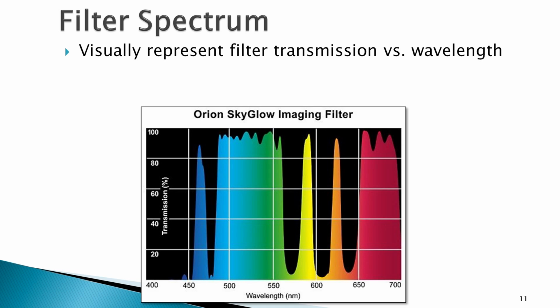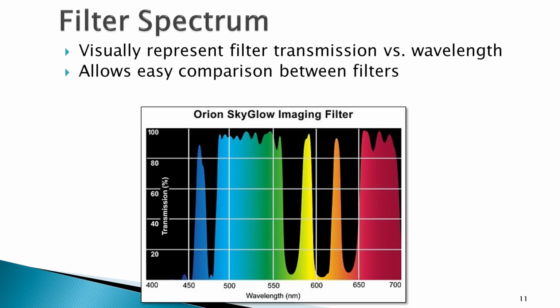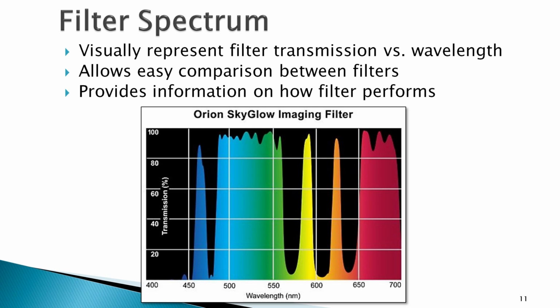The example spectrum shown here is the typical format for presenting filter spectra, with wavelength on the horizontal axis and percent transmission on the vertical axis. It allows for easy comparison between filters and provides information on how the filter will perform in different situations.